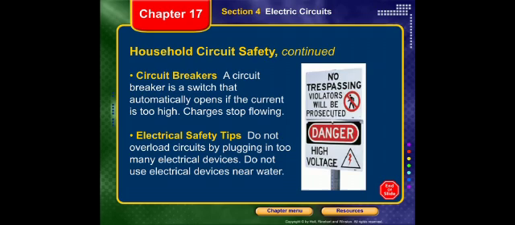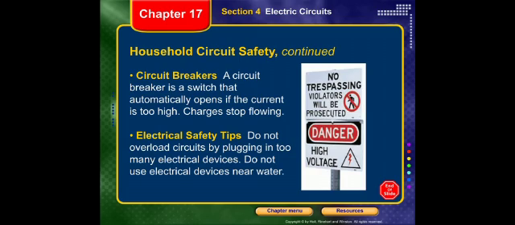The first one, don't overload a circuit by plugging in too many electrical devices. Don't use electrical devices when your hands are wet or near water. Another one, make sure that the insulation on cords is not worn. Never put objects other than a plug into an electrical outlet.